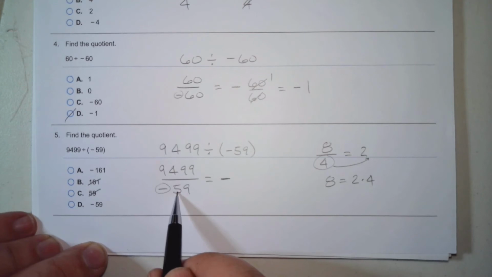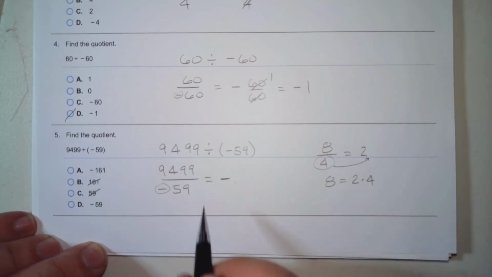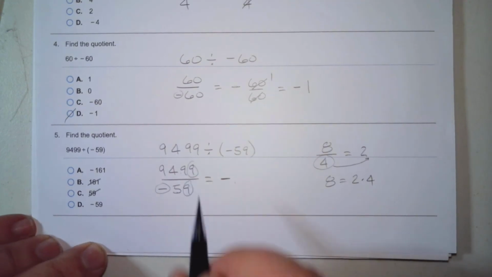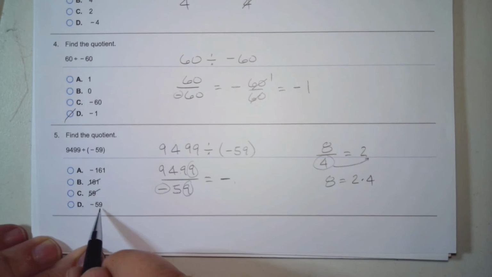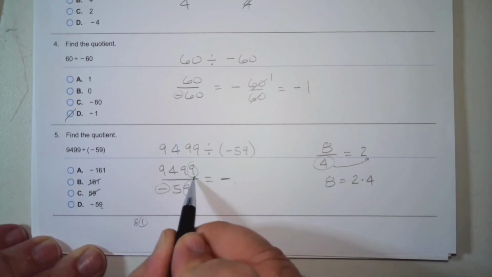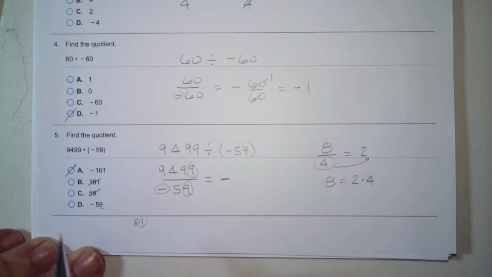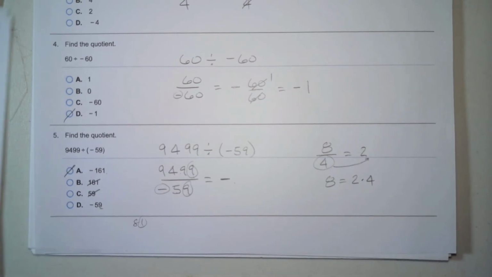The bottom number times this number has to equal that. So let's look at the last digits. 9 times what equals 9? 9 times 9 is 81. The last digit is 9, so the number has to have a 1 in there, because we're looking at the last digits to make sure that they equal.